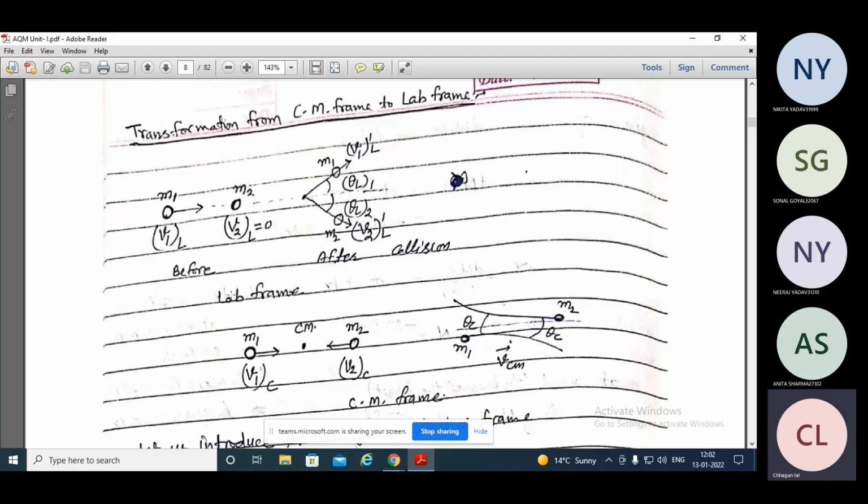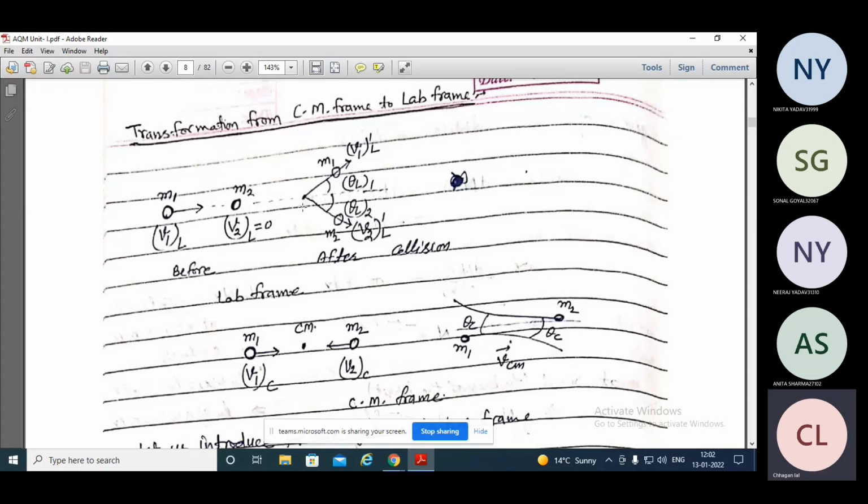Yesterday we already discussed what the laboratory frame and the C frame are. Yesterday we took u1, but u1 is replaced by v1L, and for m2, u2 is replaced by v2L, equal to 0. That means the m2 particle is again at rest.